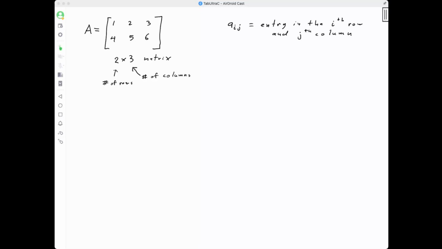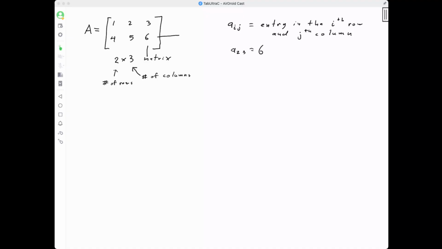So for instance, in this matrix A, a 2, 3 would be the entry in the second row and the third column, and this would be equal to 6. And so we can refer to the individual entries by their position. We put the row first and then the column.